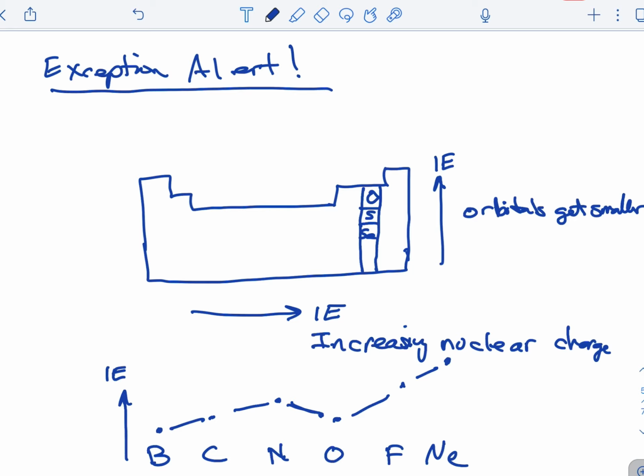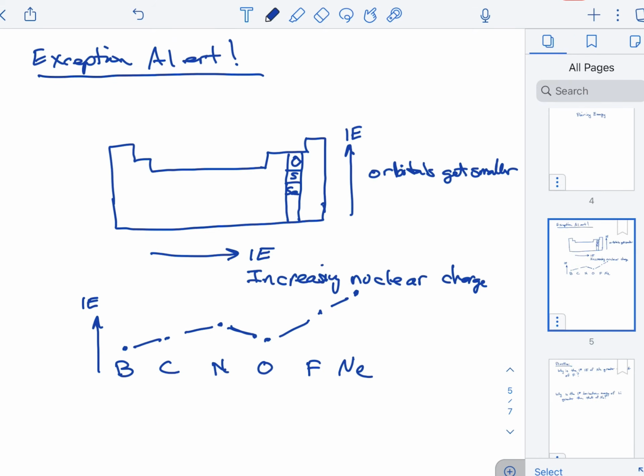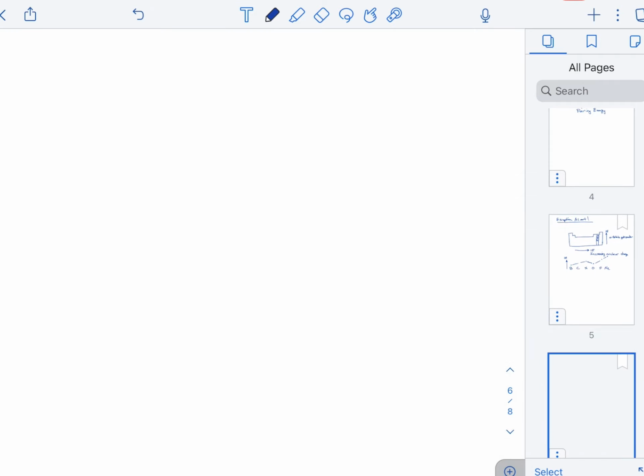Well, this is explained by something called pairing energy. Let me add a page real fast. So let's compare the electron configurations for the highest occupied orbitals for nitrogen and oxygen, okay? Nitrogen and oxygen both have their last orbitals in the 2p.